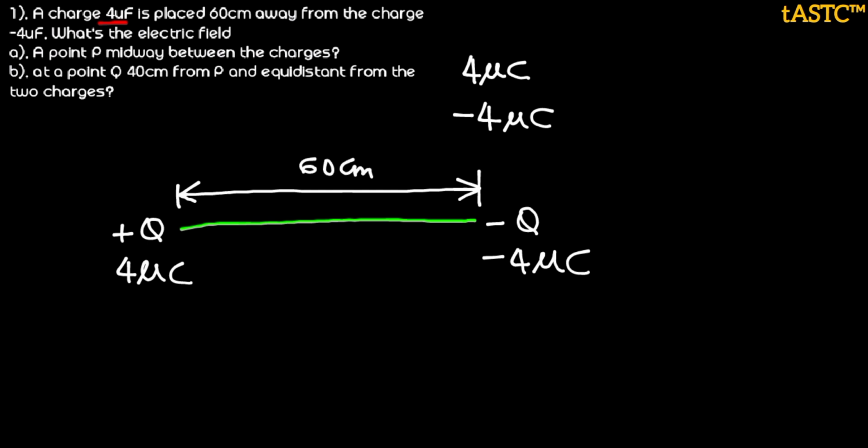Now they asked us what is going to be the electric field at a point P, midway between the charges. So that is going to be at this position. So midway, this is going to be 30 cm. On this side we're also going to have a 30.